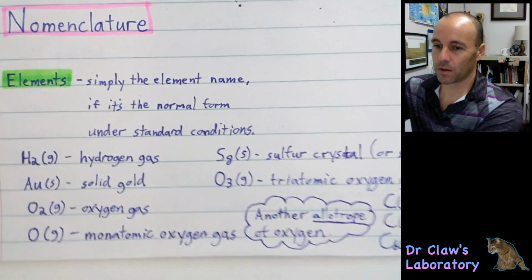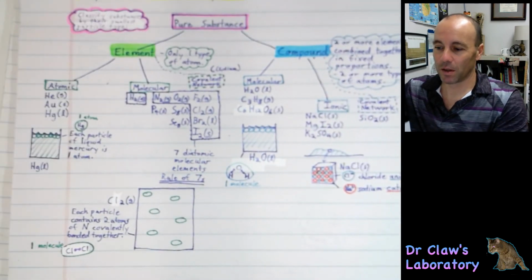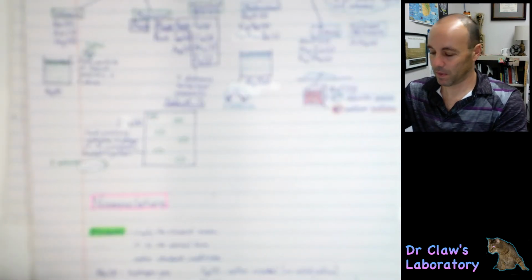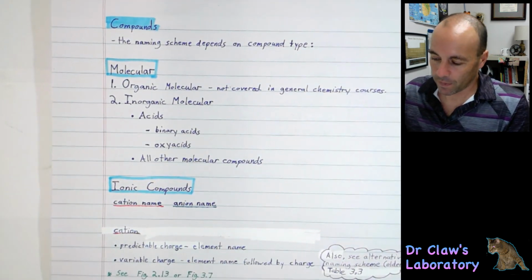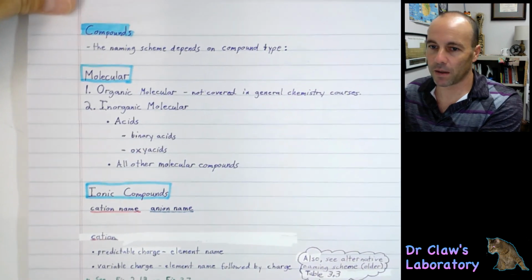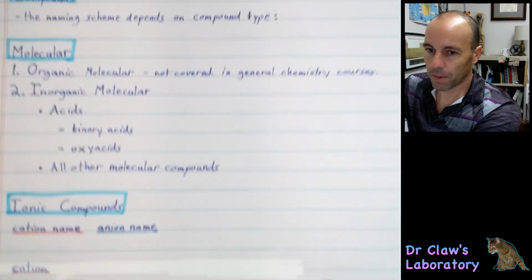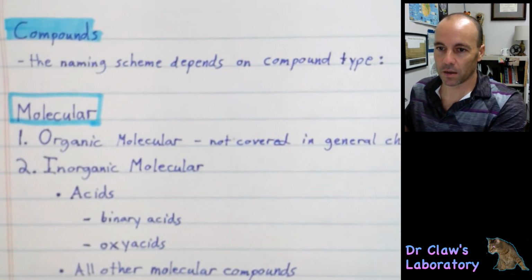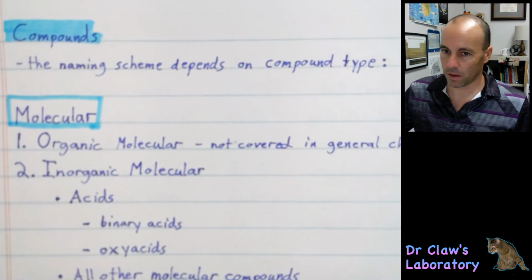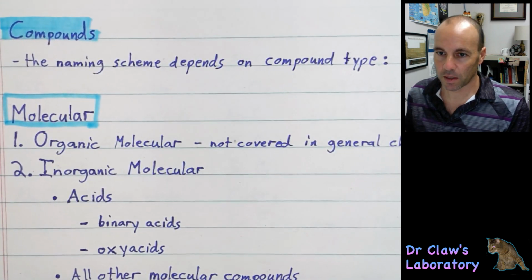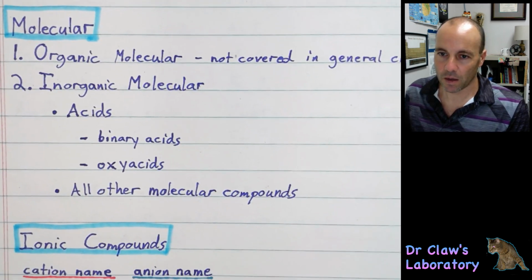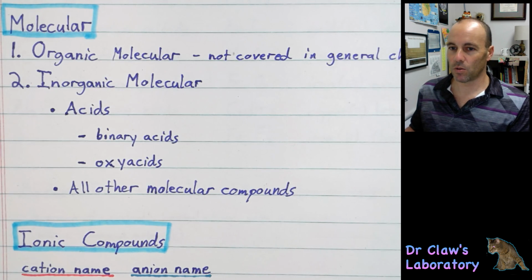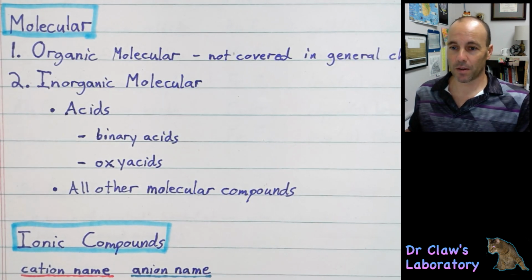Right. So next, let's get into compounds, and there's a lot more for compounds here. So the naming scheme for compounds depends on the compound type. Let me clear this up a little bit. It depends on the compound type. Molecular compounds. Now, we can break molecular compounds into different categories.